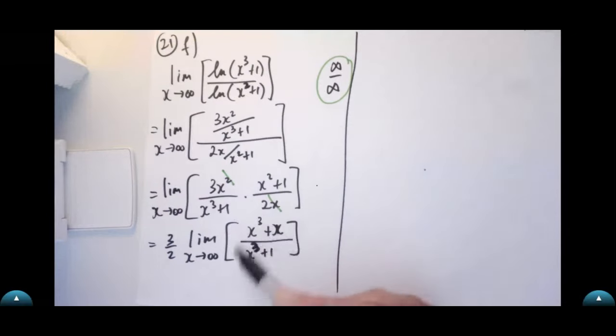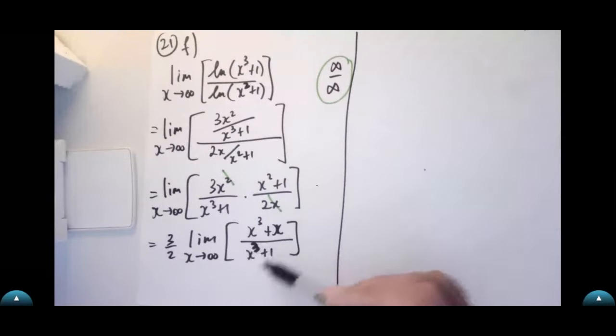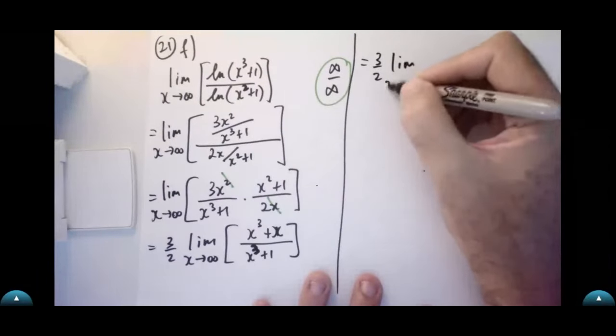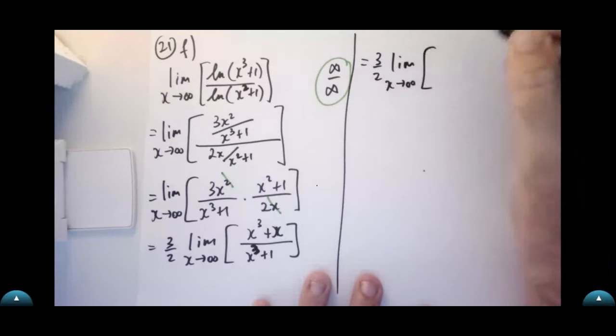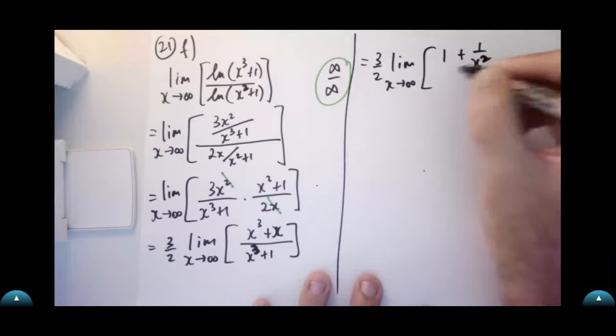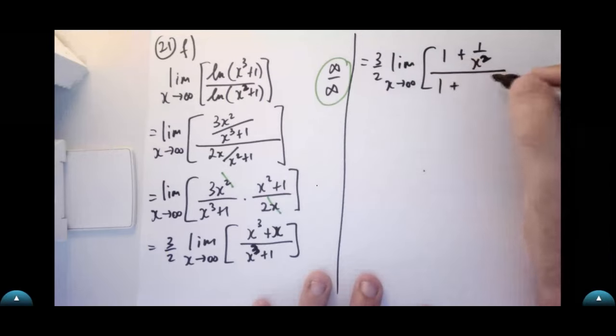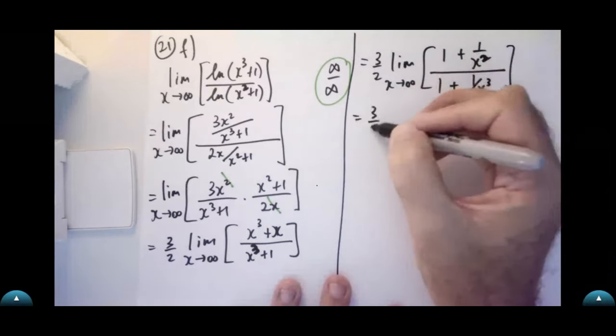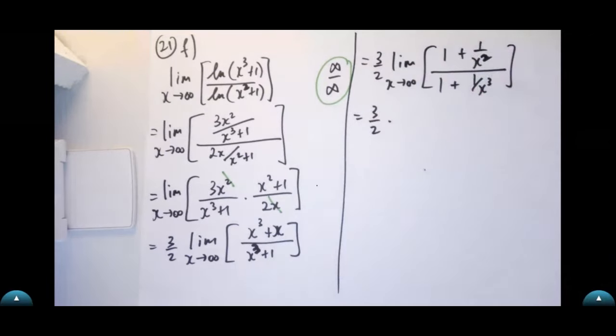Now, of course, you could use L'Hopital's rule here as well, but why? I mean, you can just divide the bottom by x cubed and the top by x cubed, and actually it's a bit quicker. So let me divide the top by x cubed and the bottom by x cubed, and this is going to be 0, this is going to be 0, and you're left with that.